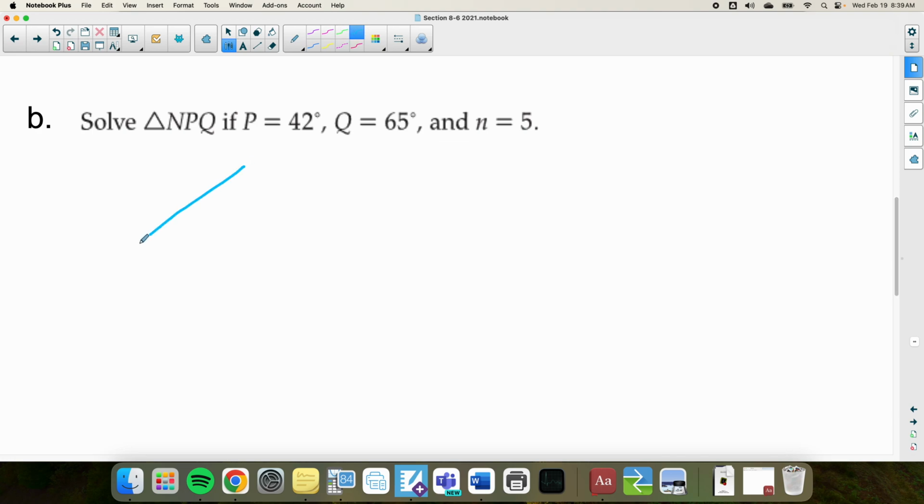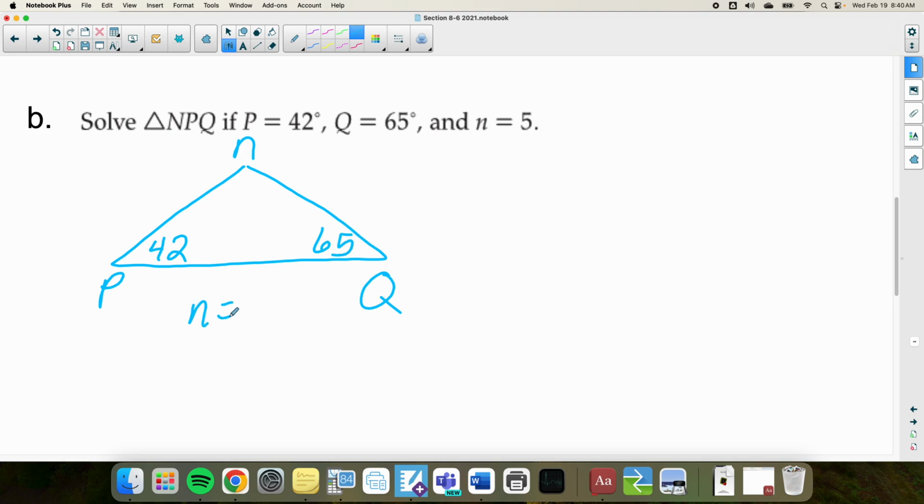Sometimes what they'll do is give you different letters for your triangle, other than A, B, and C. So this one gives you N, P, and Q, okay? They tell us angle P is 42, angle Q is 65, and little n, which is across from angle N, is 5, okay?